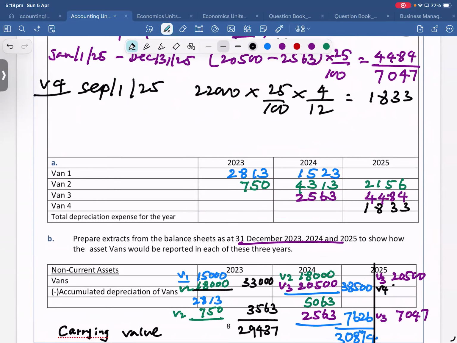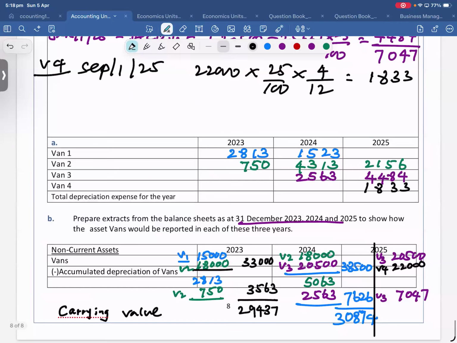Van 4 is 22,000 and depreciation is 1833. So I'll get the total here, 44,500 and 8,880.